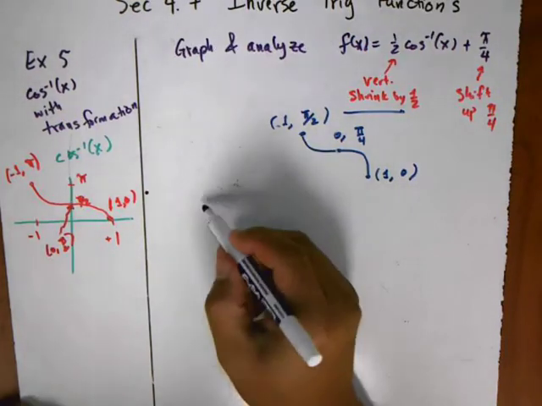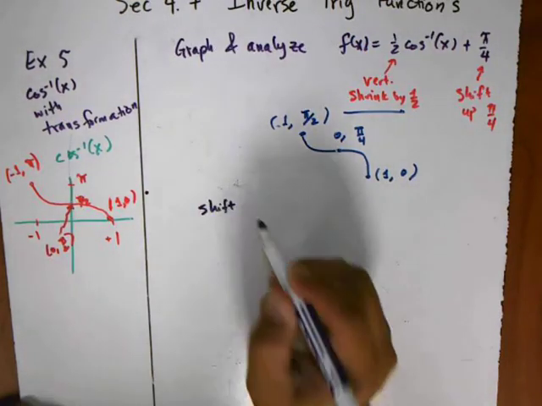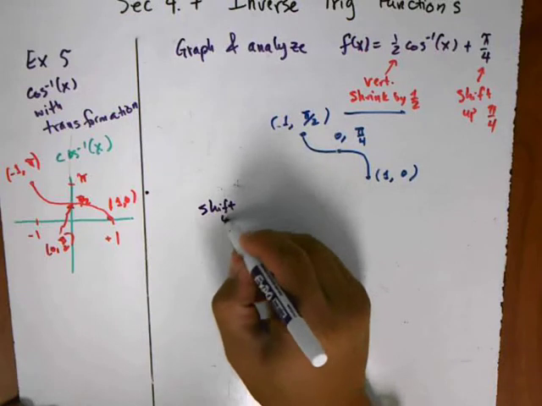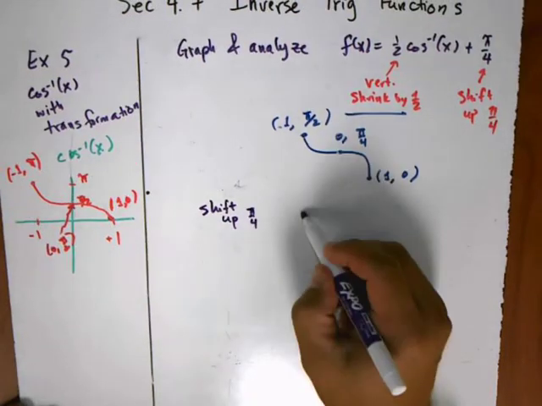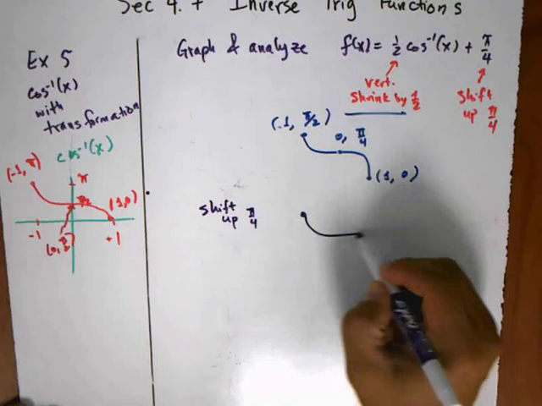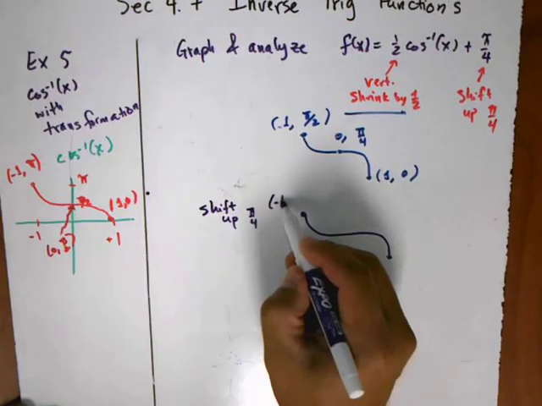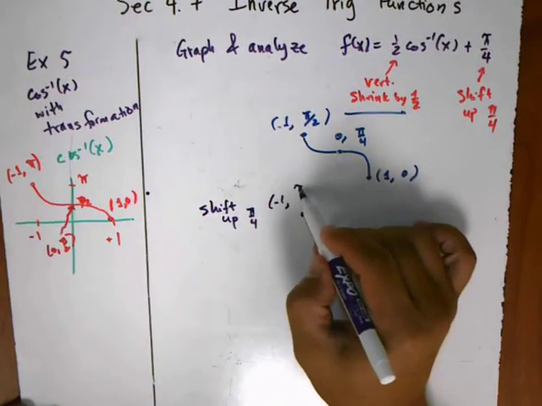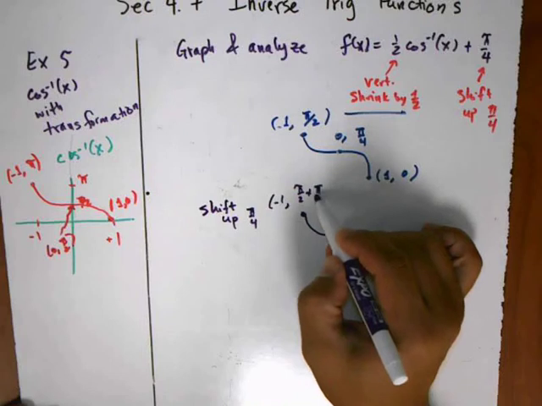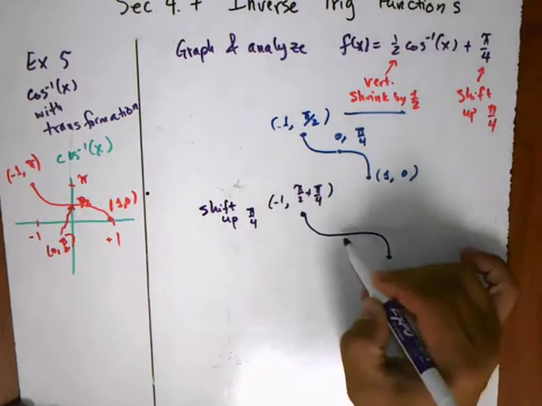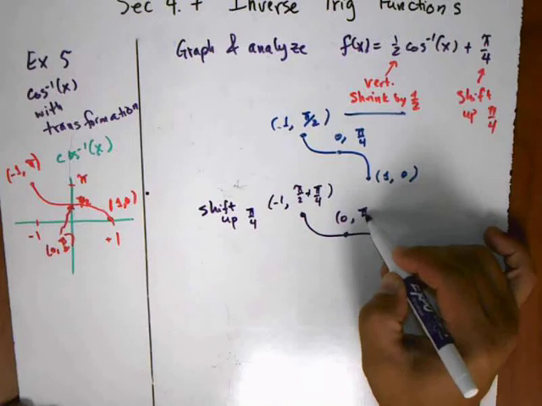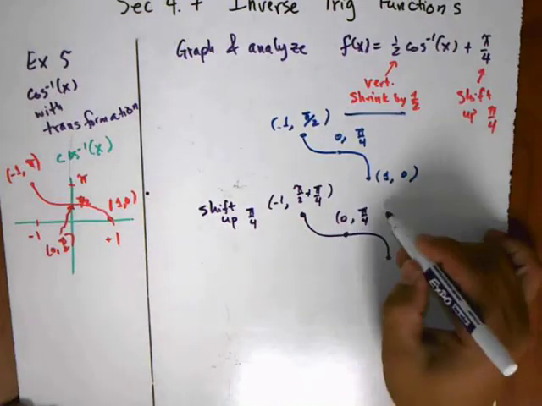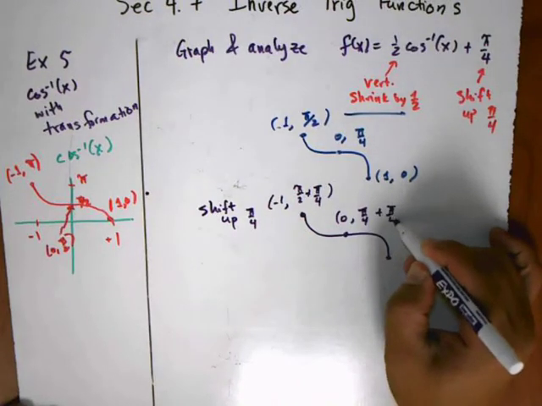Then let's say what happens if we do the shift? If we shift up pi over 4, this point here becomes -1, pi over 2 plus pi over 4. The point in the middle becomes 0, pi over 4 plus pi over 4.